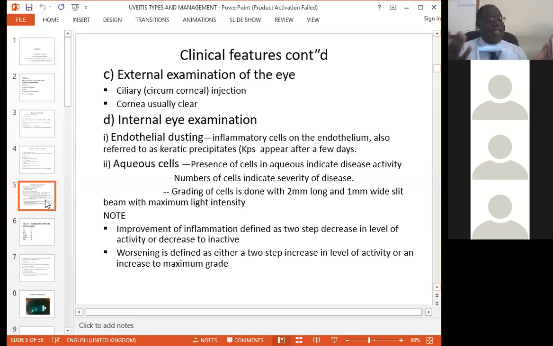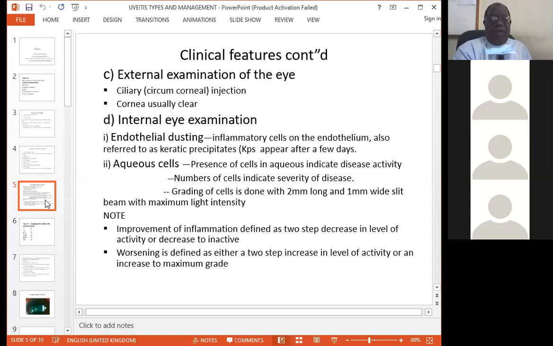Since the cornea is clear, when you look on the slit lamp, those cells stuck on the posterior part of the cornea look like small particles. Those are inflammatory cells. So when you are examining an eye and you look at the clear cornea, you find these small dotted, scattered cells, it means there is inflammation, there is scleritis, there is uveitis.